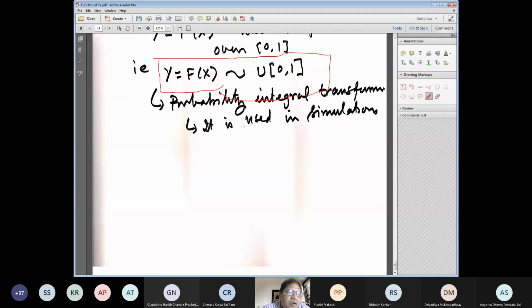Joint distribution means basically you are going to deal with more than one random variable. So the theory is quite vast, but in this particular course, our concentration mostly will be on the distribution of two random variables, means x1, x2, something like that. But theory is there that one can study the joint distribution of n random variables and many other things.